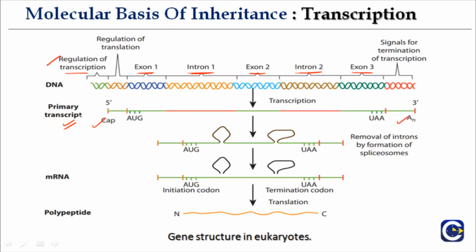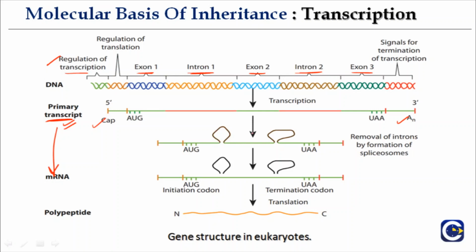So this is the composition of a primary transcript, and this cannot at this stage code for a polypeptide. It must go through post-processing to form mRNA. And what are these post-processings? These post-processings are removal of these introns. So these introns form like a splice structure, and then they form a spliceosome complex.